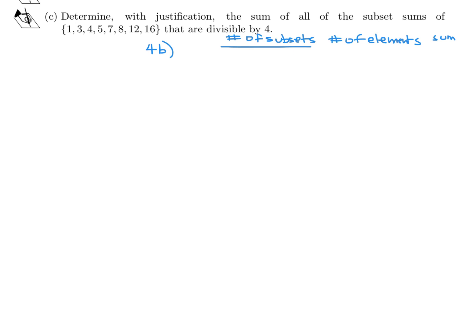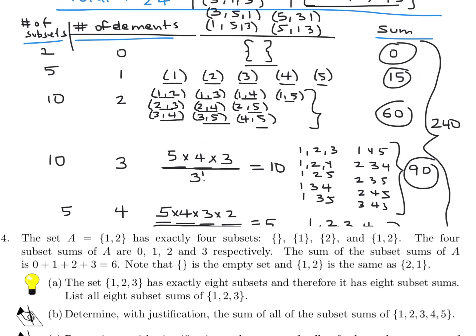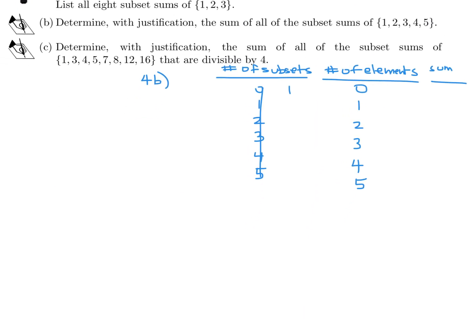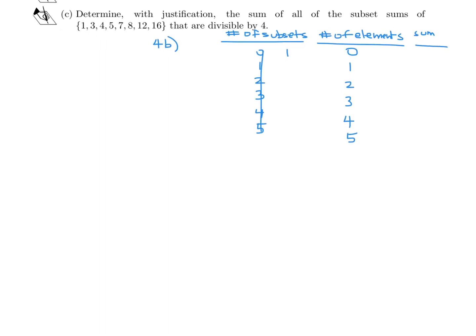So this was 0, 1, 2, 3, 4, and 5 for the number of elements, and the number of subsets I believe were 1. What was it? Oh, here it is. 1, 5, 10, 10, 5, and then 1.